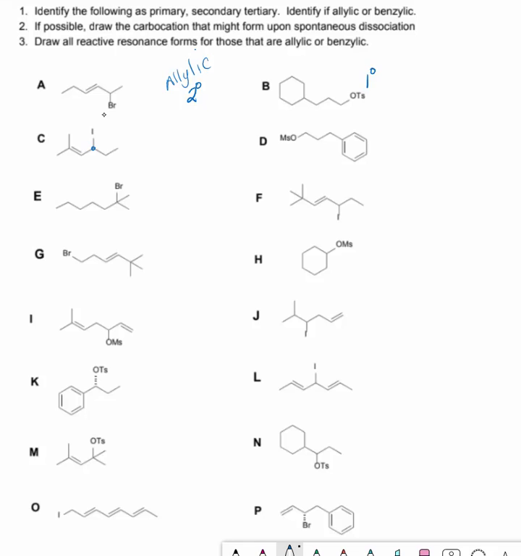For C, we're looking at this carbon. This is the carbon that contains the heteroatom, and it is bonded to two other carbons. That makes this a secondary compound, or a secondary alkyl halide, but one of those carbons is double bonded to another carbon. So specifically, this is an allylic alkyl halide.